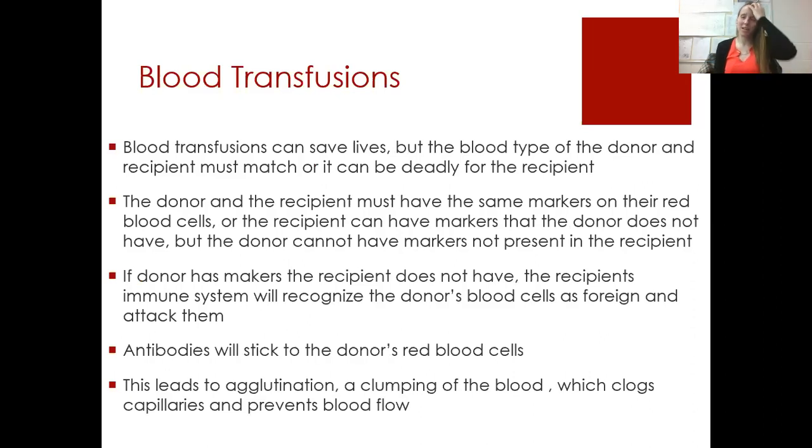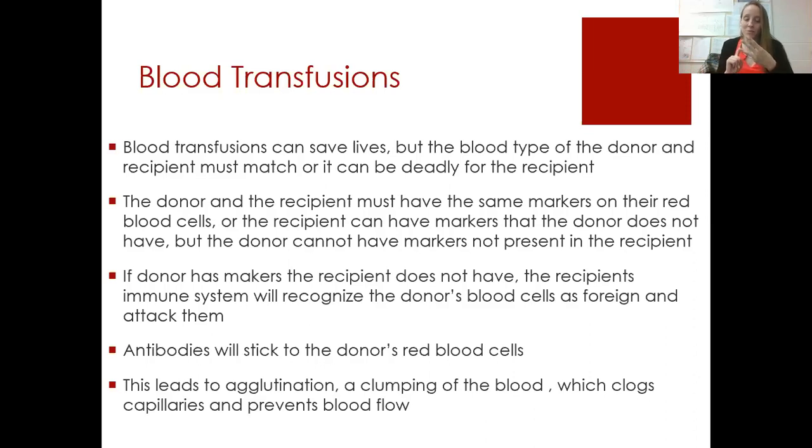So for example, if I was B positive, and I actually have no idea what my blood type is, but if I was B positive, I could get blood from someone else who was B positive or someone who was B negative, because the negative sign just means that they don't have a marker there, so that's fine.